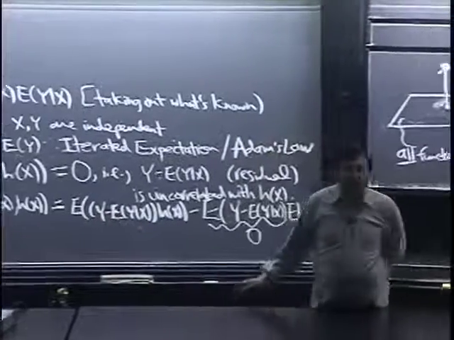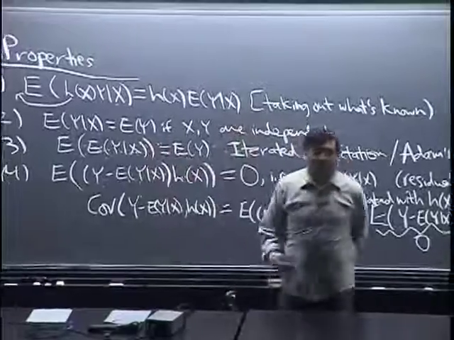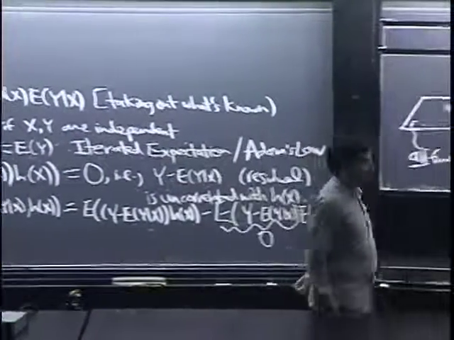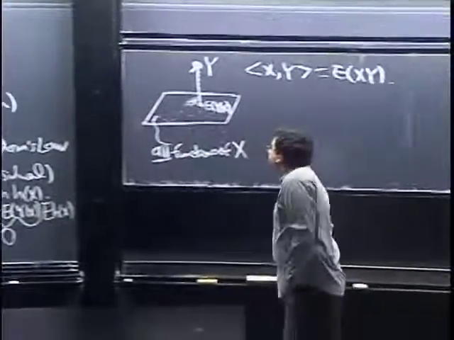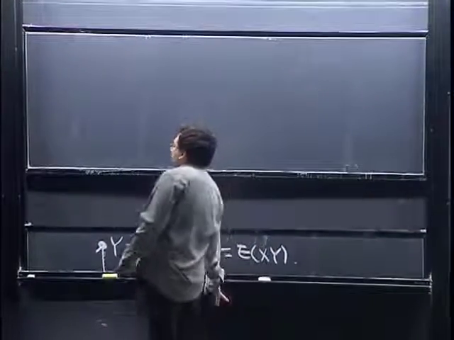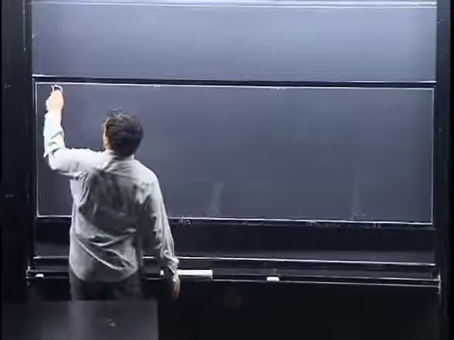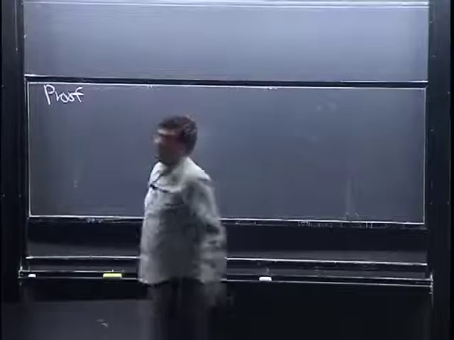Okay, so now we really need to check that this iterated expectation formula is correct. So let's do that. Just to simplify notation, let's do it in the discrete case.